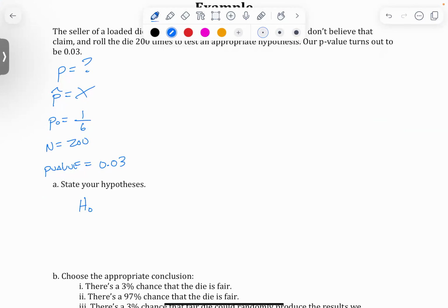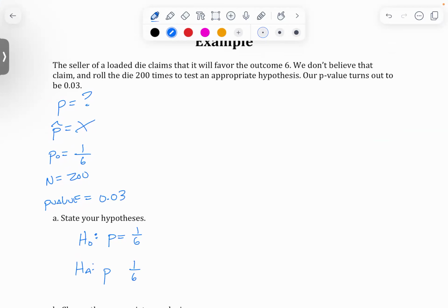So state our hypotheses. Right? H0: P equals 1/6. HA: something about 1/6. So now let's see. The seller claims it will favor the outcome 6. We don't believe that claim, all right? And we want to test the hypothesis.